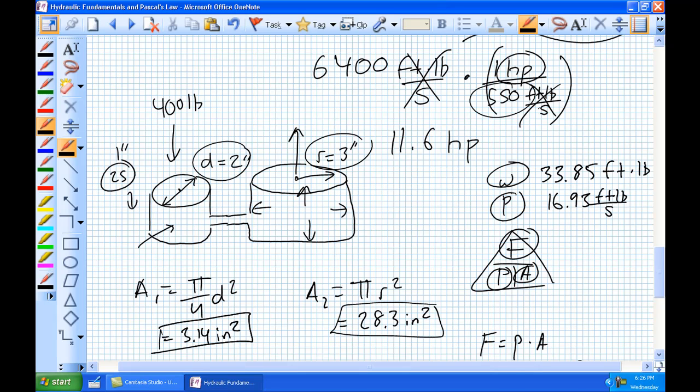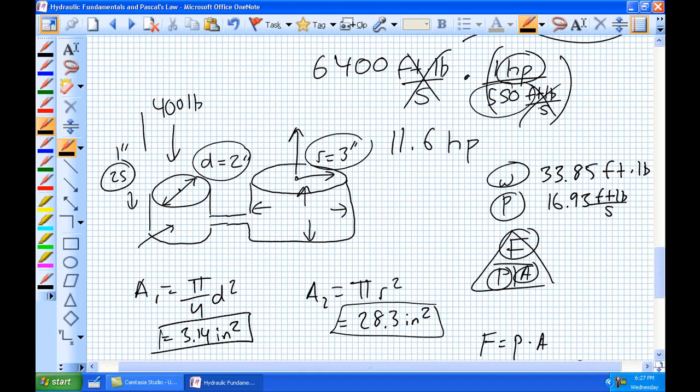That's our power, okay? Now, does this all make sense to you here? This is a perfectly ideal system. The energy we got out, the work accomplished, was 33.85 foot-pounds. Yes, we lifted with a force of 3,661 pounds, but we only lifted an incredibly small distance.